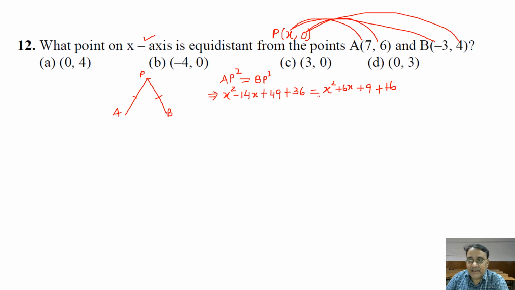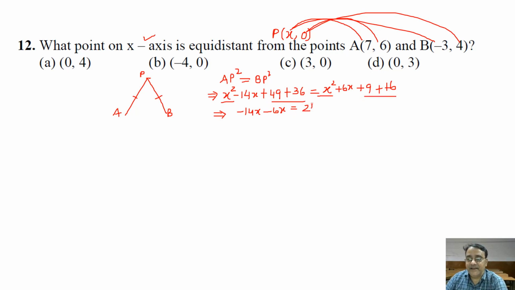Okay, now x square and x square we can eliminate. Okay, and write all the x terms on one side and constants on the other side. So minus 14x, shift 6x over here, minus 6x, and this will become 85 and this will become 25.